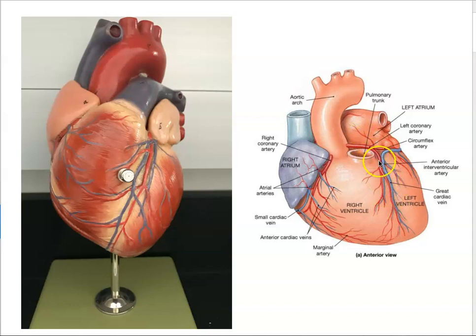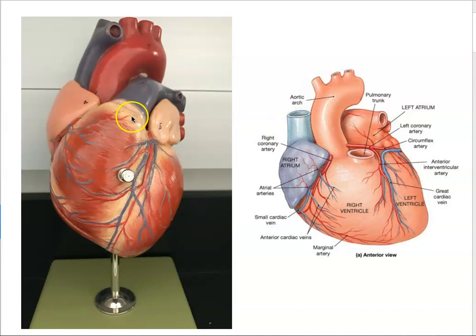It is running in that anterior interventricular sulcus. And its second branch is going to be the circumflex. The circumflex artery is going to wrap around the coronary sulcus all the way to the back.